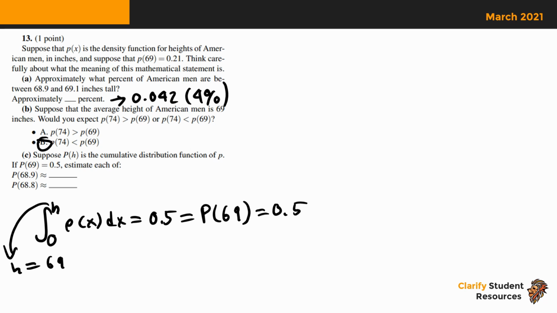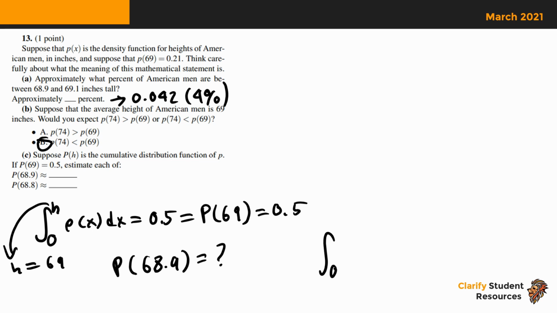Okay, so now that we know that, we basically want to estimate what P of 68.9 is equal to. So from what we know about integrals, right?